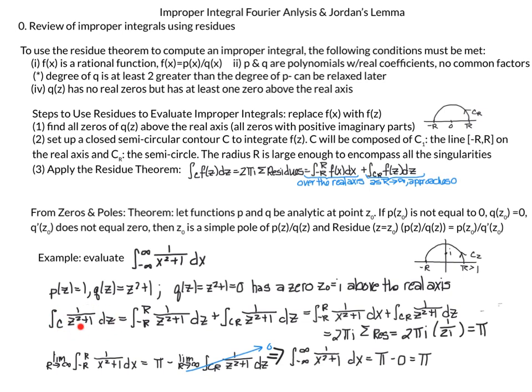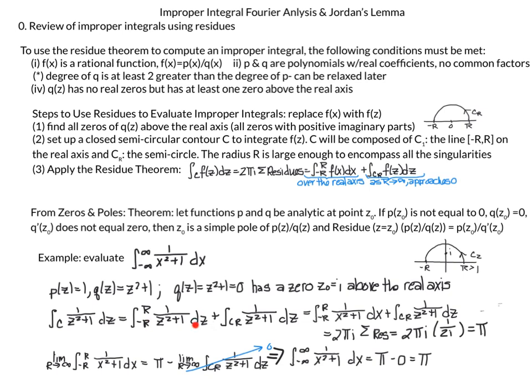Now we set up our closed contour integral. Again, the closed contour consists of the real number line from negative r to r, and then our semicircle of radius r. So our closed contour integral is equal to the integral from negative r to r. Remember, this is on the real number line, plus our integral over the semicircle.